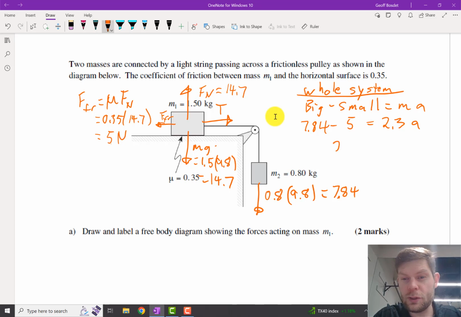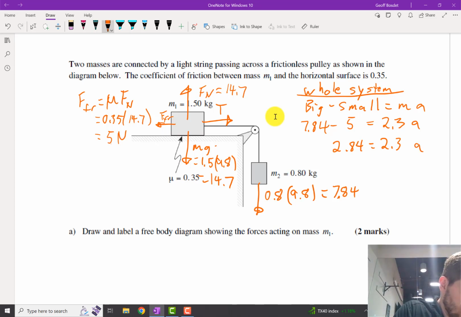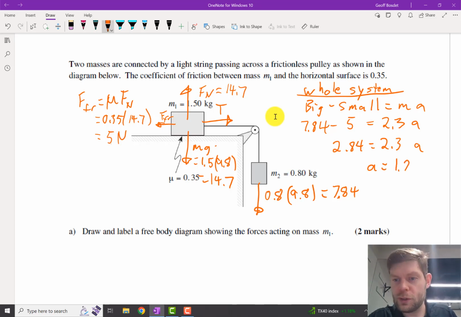So we got 2.84 equals 2.3 times A. Gives us an acceleration of about 1.23, roughly. Keep in mind I did round there.